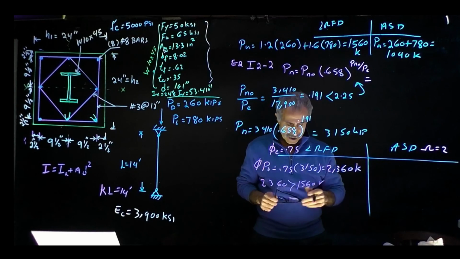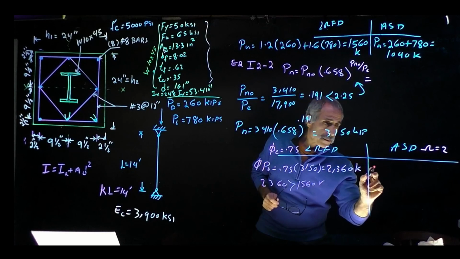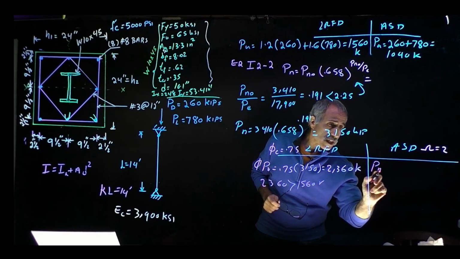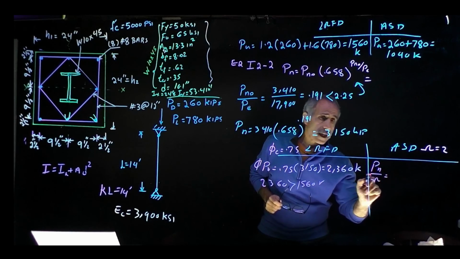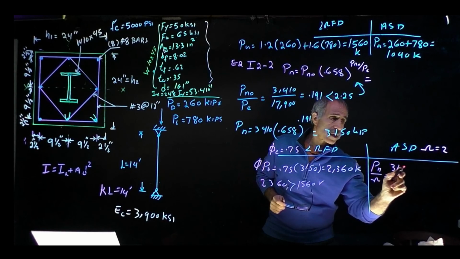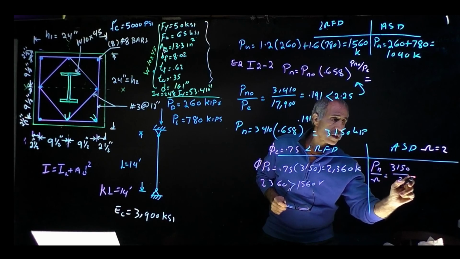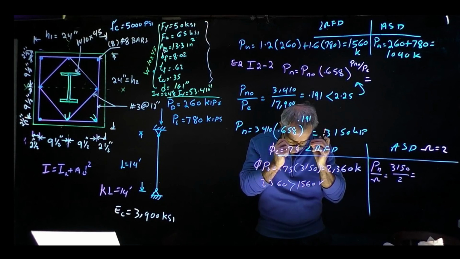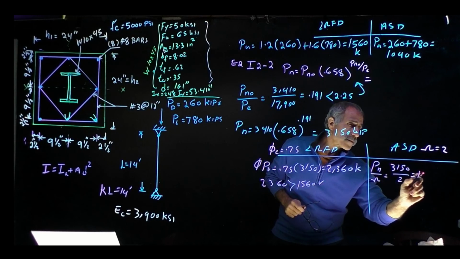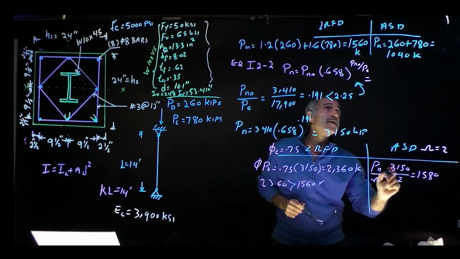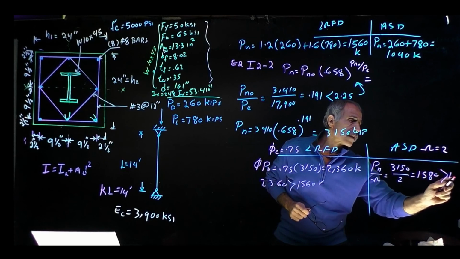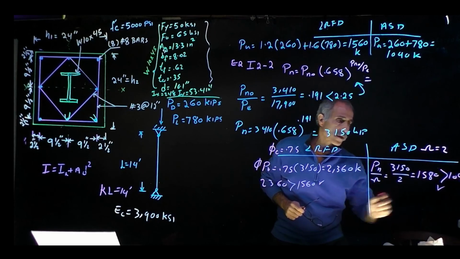And in here, we're going to have Pn in allowable stress design divided by omega. That comes out to 3,150 divided by 2, which came out to 1,580, and that is more than 1,040. And that checks out.